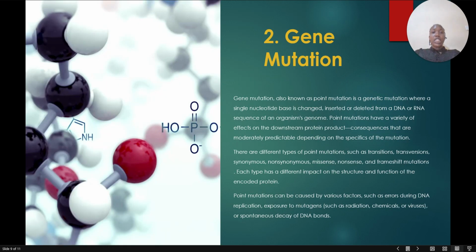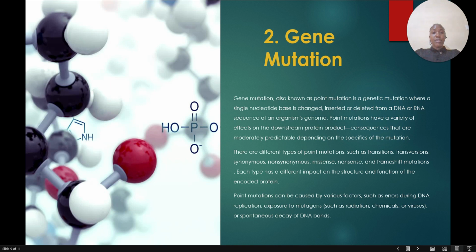Let's have a look at gene mutation. Gene mutation, also known as point mutation, is a genetic mutation where a single nucleotide base is changed, inserted, or deleted from a DNA or RNA sequence of an organism's genome. Point mutations have a variety of effects on the downstream protein products, consequences that are moderately predictable depending on the specifics of the mutation.